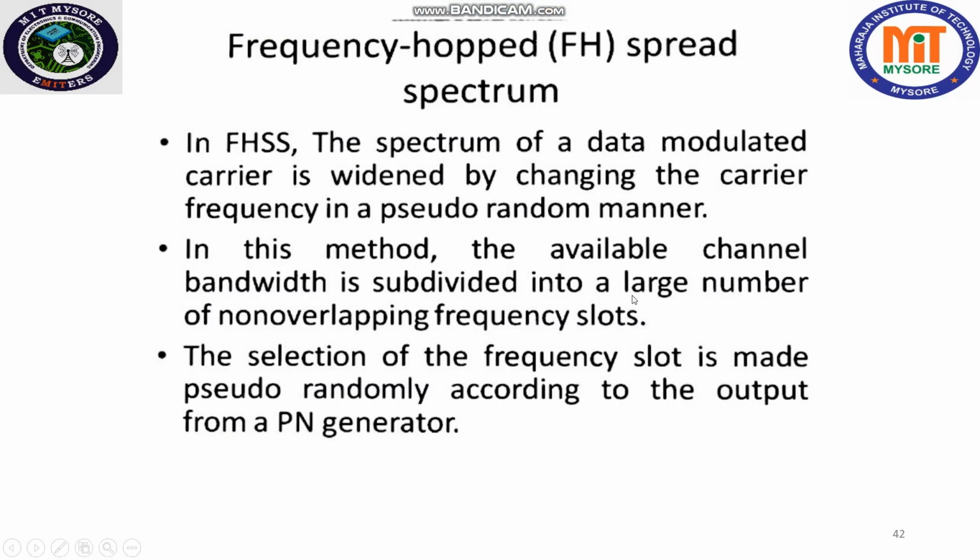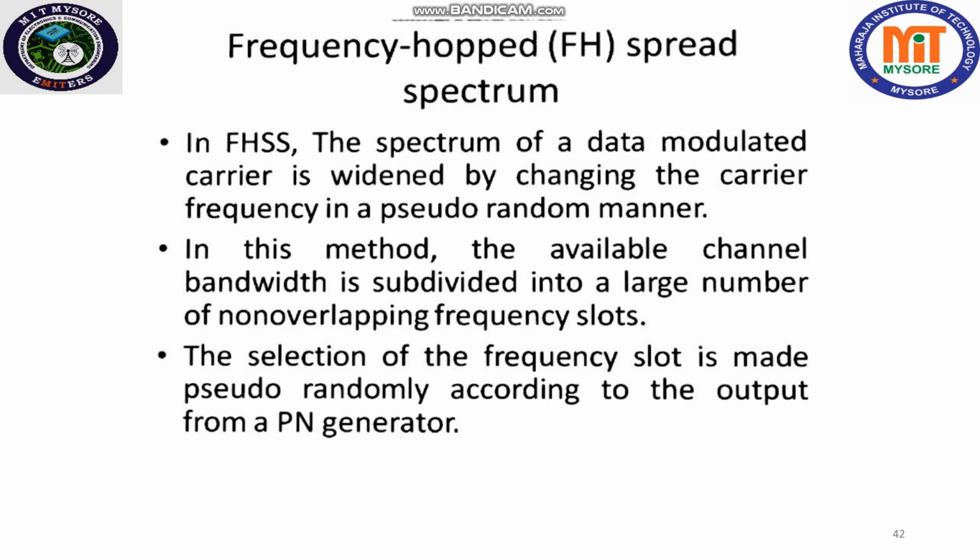Let us see what frequency hopped spread spectrum is. Here in FHSS, the spectrum of the data modulated carrier is widened by changing the carrier frequency in a pseudo random manner. So, what is the difference between direct sequence spread spectrum and frequency hopped spread spectrum?